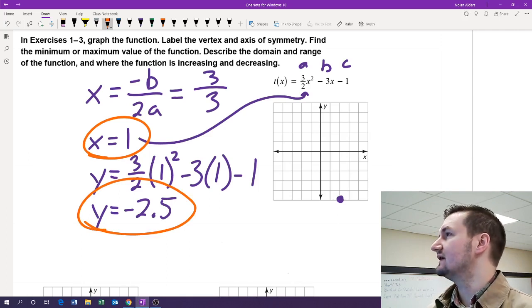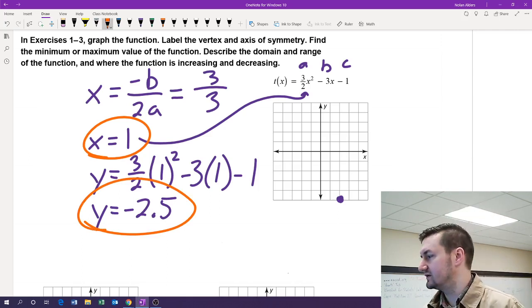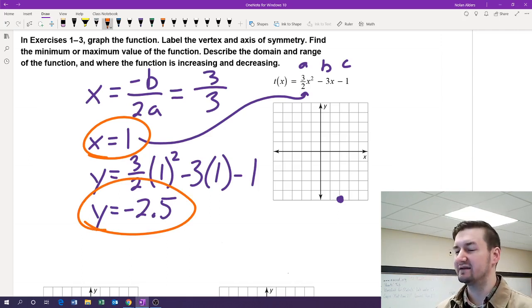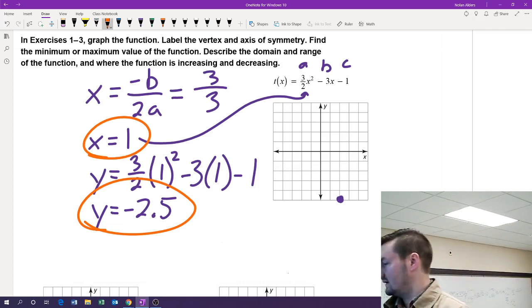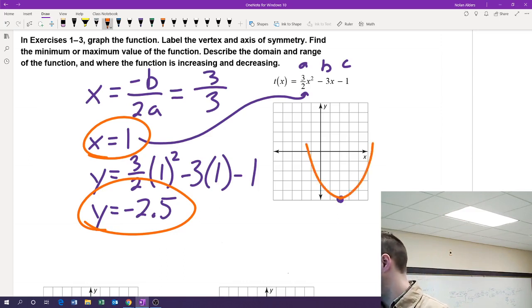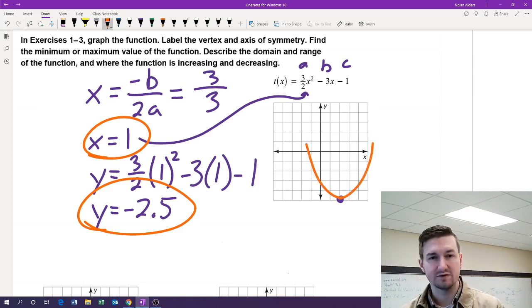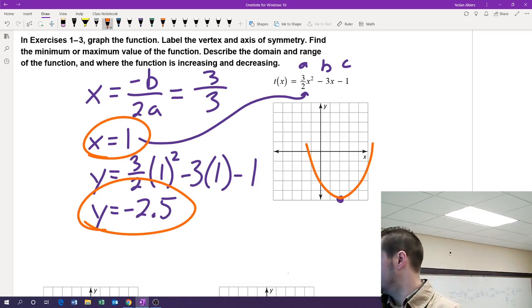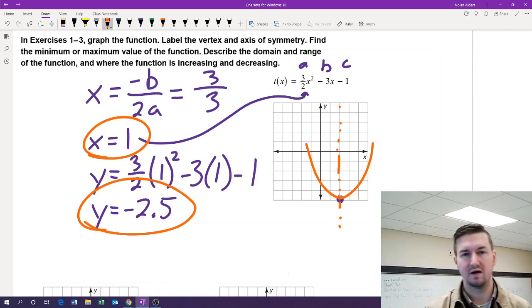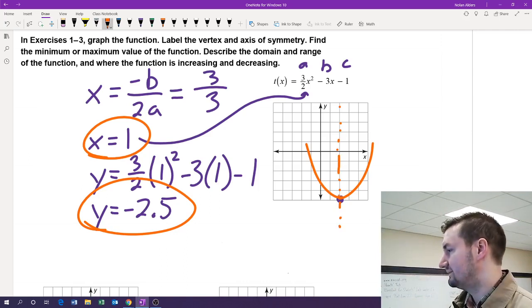All right, the next thing we want to look at is the axis of symmetry. This graph is going to look something like this. The axis of symmetry is just the line that runs right down the middle of our graph for our parabola.